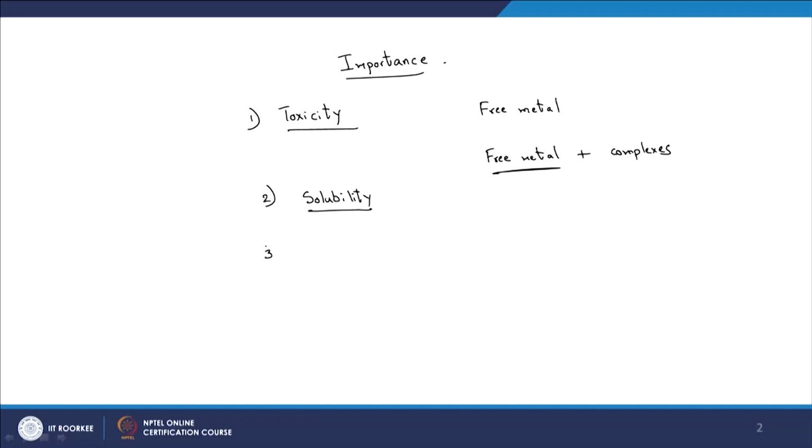The third aspect is sorbability. The sorption or adsorption depends on the relative sorbability of the metal. If you want to either increase or decrease the sorbability, you can consider the addition of ligands to form complexes.